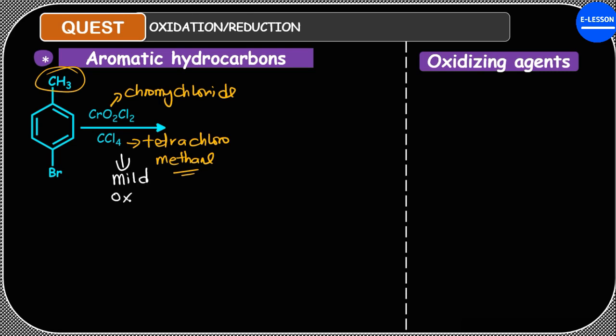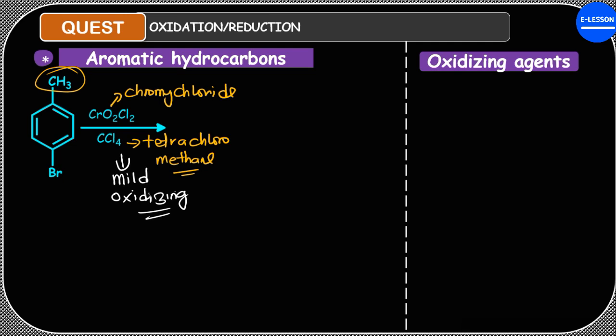Now we said mild oxidizing agents do not oxidize compounds to give us carboxylic acid. They will rather end at the aldehyde functional group. The chain usually goes from alcohols to aldehyde, from aldehyde to carboxylic acid. So when you use a weak or a mild oxidizing agent, it's expected that you stop at what?